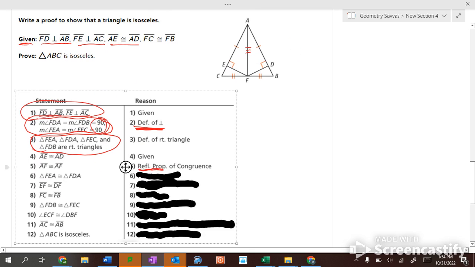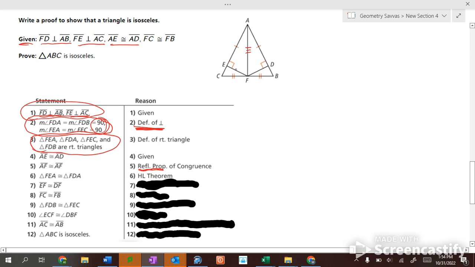So I know this triangle is congruent to this triangle now because I know the hypotenuse, the side opposite the right angle, and the leg of each. So FEA is congruent to FDA by hypotenuse leg.